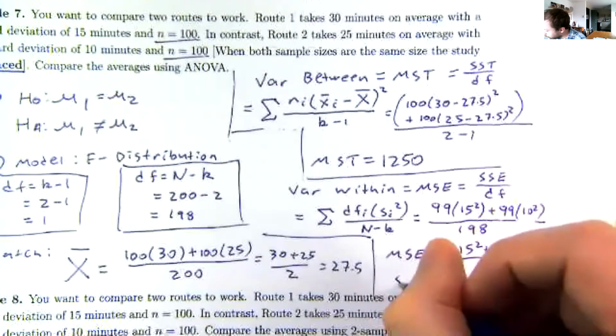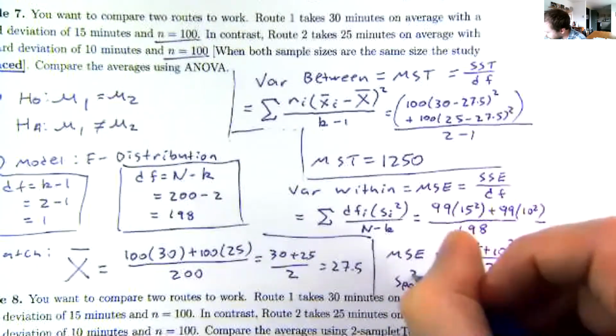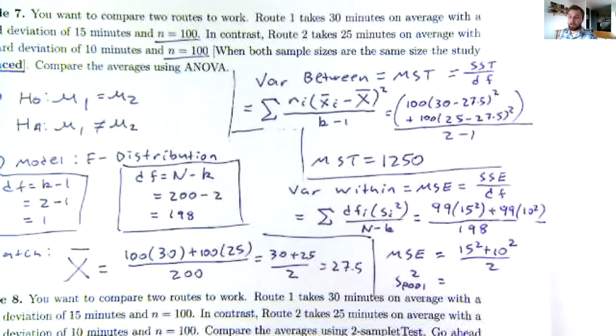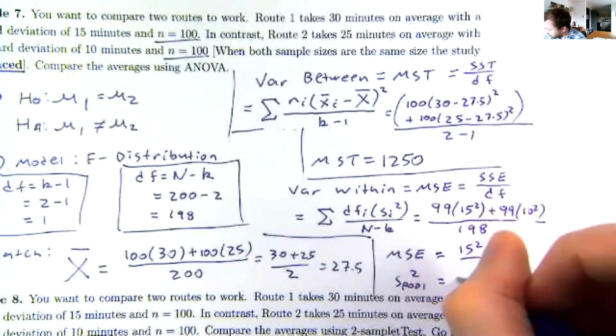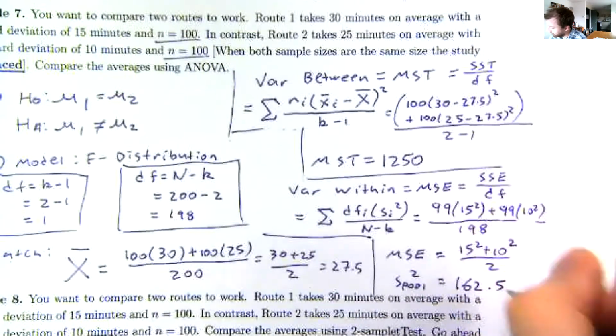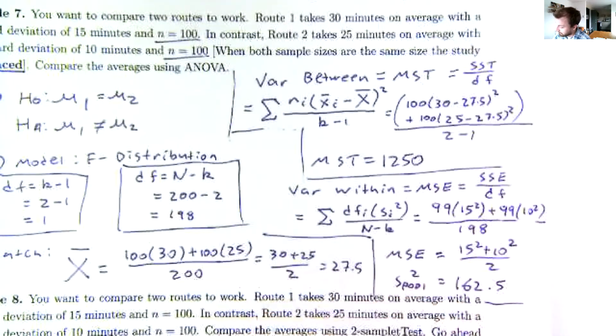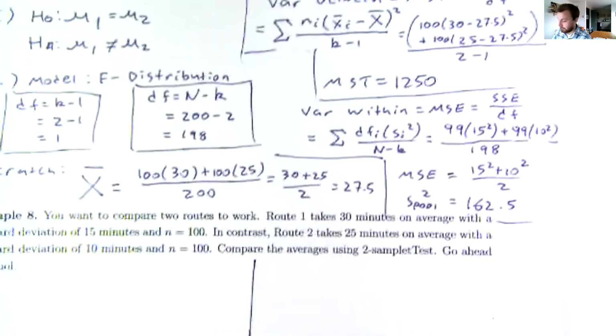I am pooling my variance when I do the MSE. It's easy to see that I'm averaging these out when I happen to have exactly the same sample size. When I have the same sample size, it's called balanced, and in general, my math ends up being a little bit clearer.